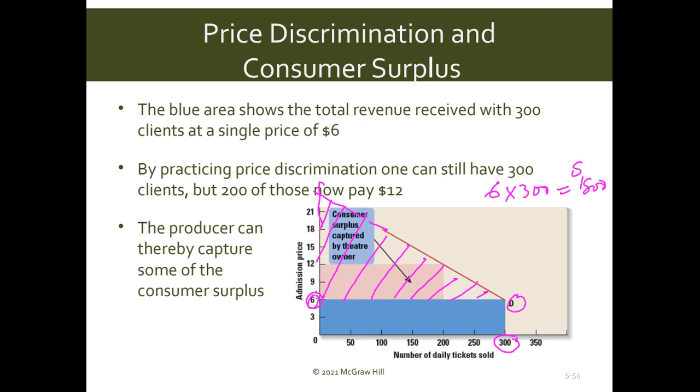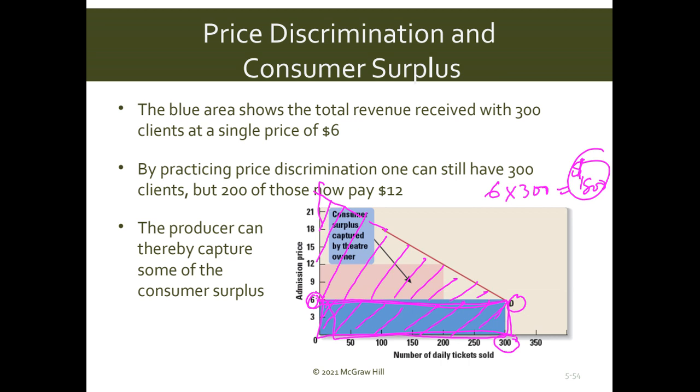So $1,800 is the total revenue, the money that this seller is receiving. How can I show this $1,800 in this diagram? This blue rectangle is the revenue. So blue is the total revenue of this seller or monopolist. 300 times 6, 1,800. Okay.